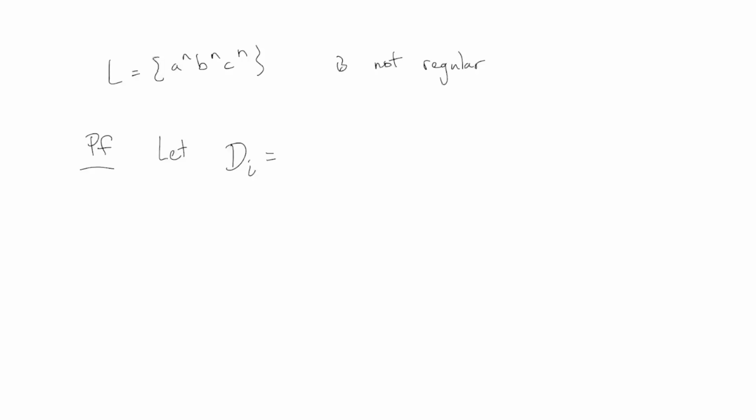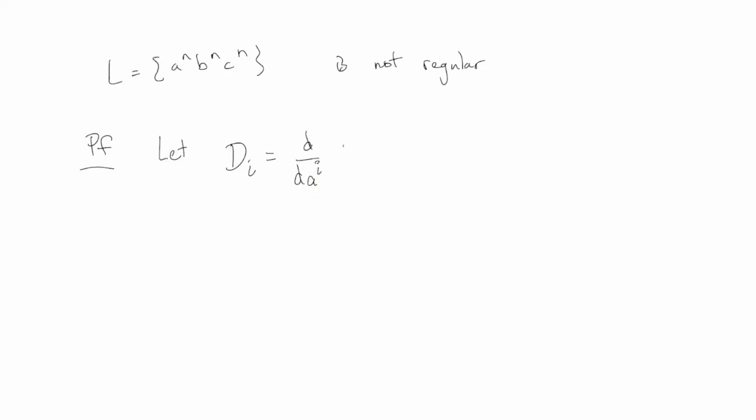So in this example, I want to do the derivative with respect to a^i. All of these strings in here start with a bunch of a's, and I'm going to cancel some of them, where i can be any number. So i could be 0, 1, or 2, and each one would be different. D1 will be the ones where you cancel one of the a's, D2 will be the ones where you cancel 2 of the a's, and so on.